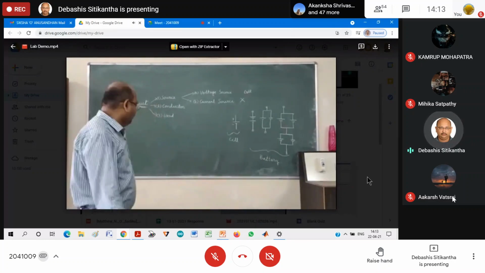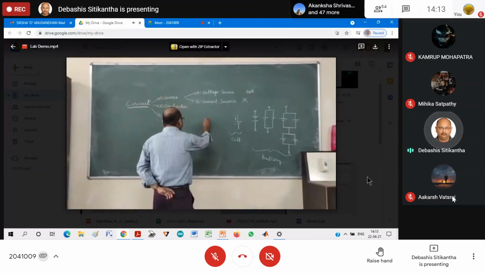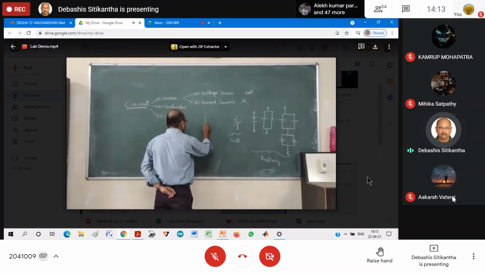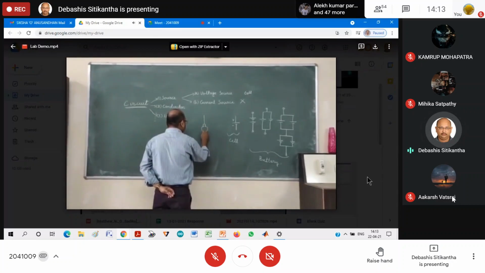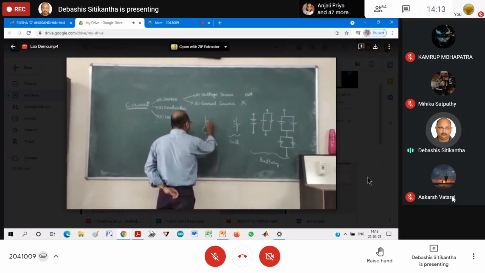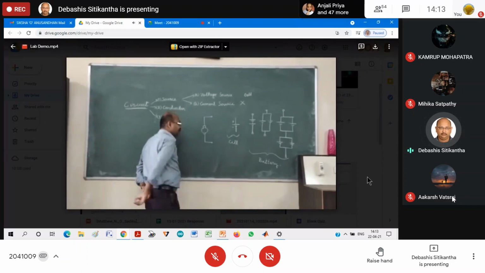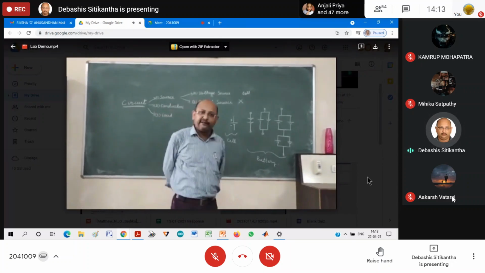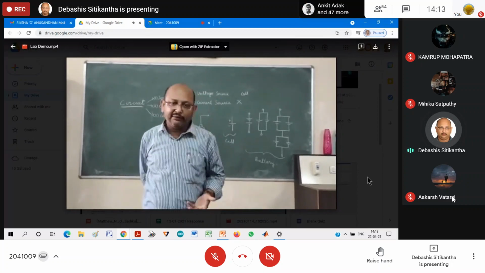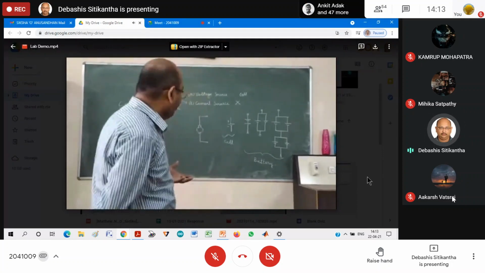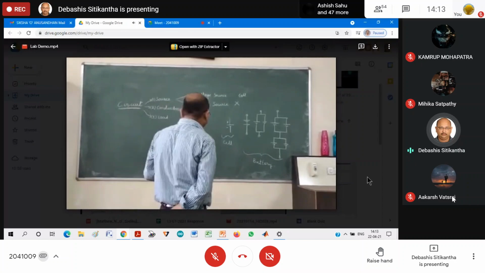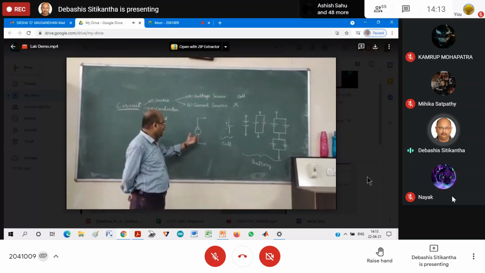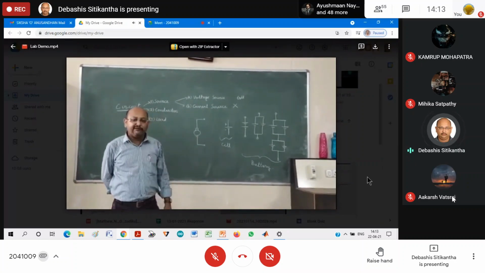The third one, which is also very popular, is a DC generator. In bicycles, maybe around two decades back, they were installing something known as a dynamo. When the wheel was rotating, because of friction, this dynamo was rotating and producing some DC voltage.